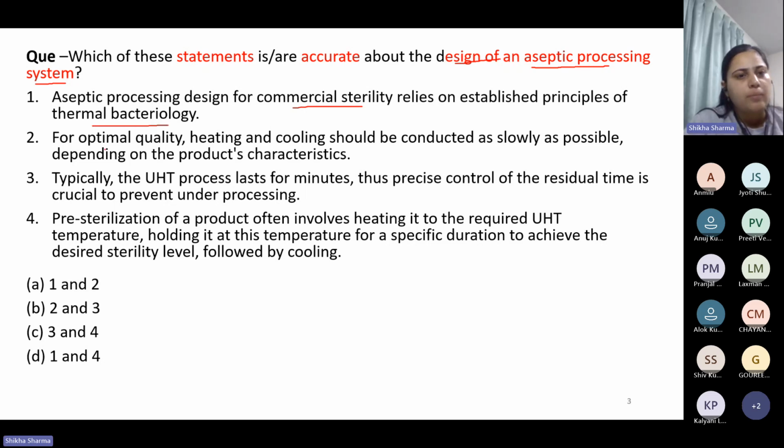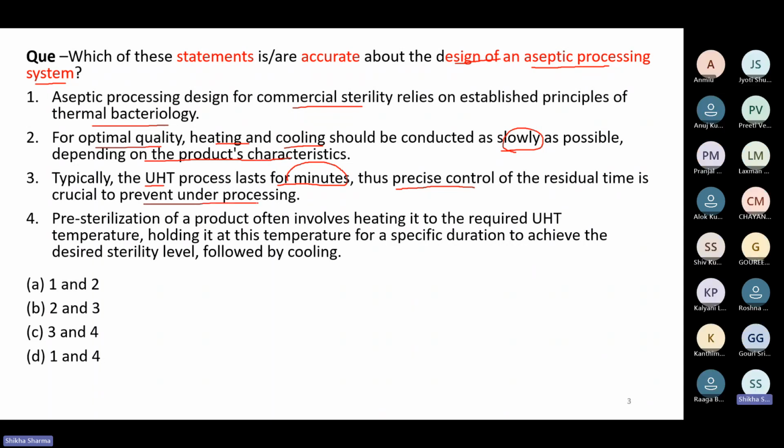Statement 2: for optimal quality, heating and cooling should be conducted as slowly as possible depending on the product's characteristics. Statement 3: typically the UHT process, which is the ultra high temperature process, lasts for minutes. Thus, precise control of the residence time is crucial to prevent underprocessing.